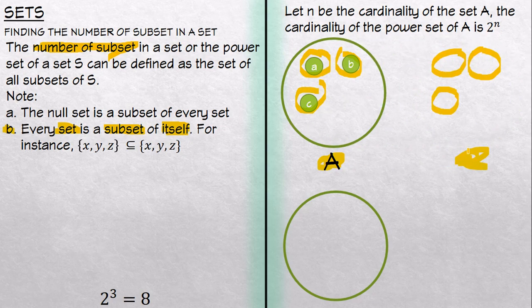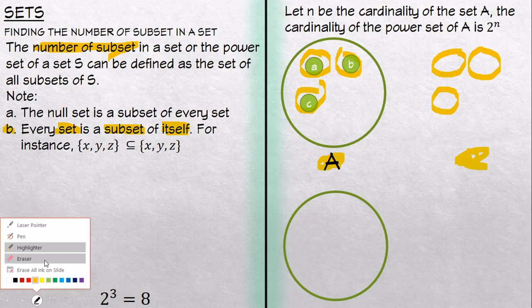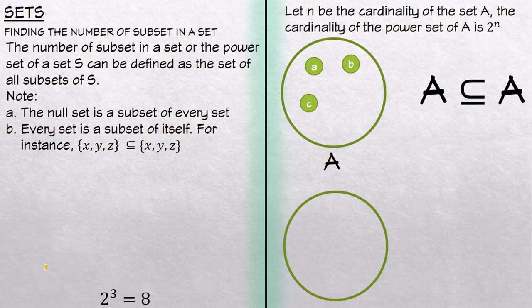Every element in the set over here is also in that set over there. So in that case, we have A is a subset of A.